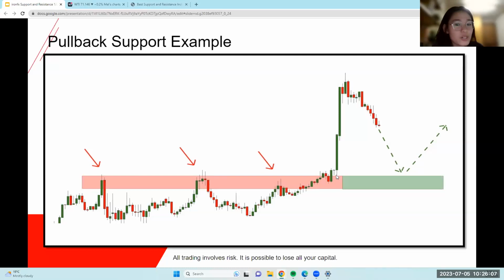Why support? Because we expect price to pull back and retrace back to this level, as you can see from the arrows. Feel free to let me know if you guys have any questions.